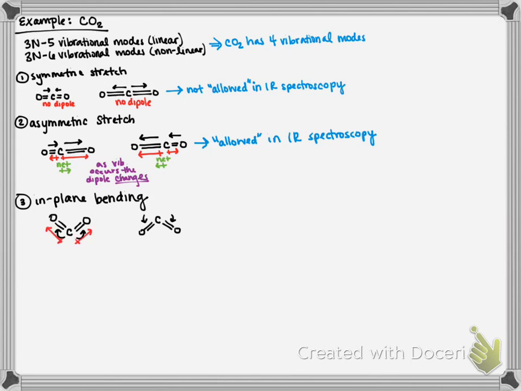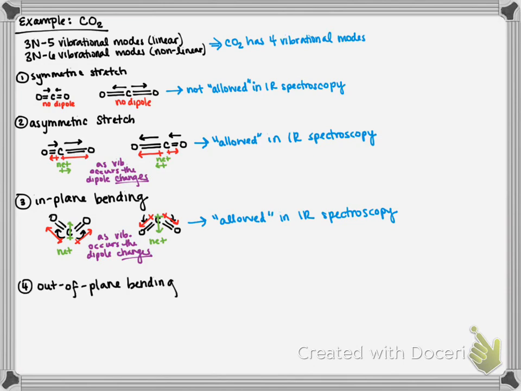However, they're no longer 180 degrees apart from one another. They're no longer pulling in opposition. And so there's a small net dipole on the left-hand side going up towards the oxygens. And on the right-hand side, this net dipole is going to be coming down, again, towards the oxygens. And so as the vibration occurs, the dipole is flipping back and forth between pointing up and pointing down. And so this is also an allowed or IR active motion.